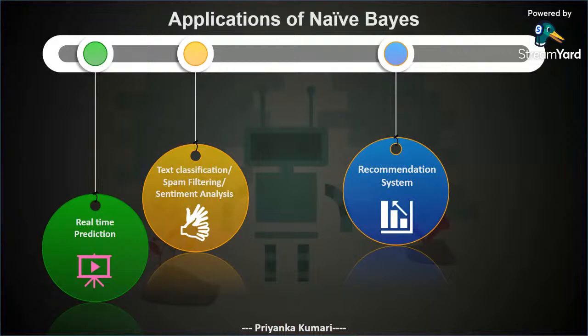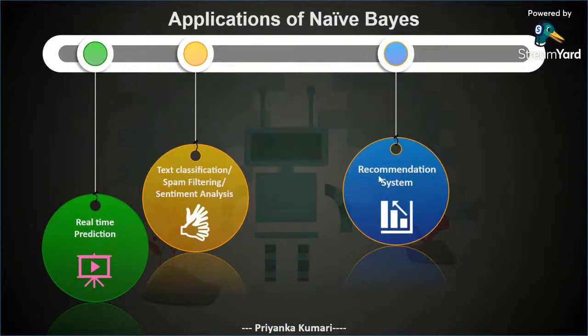The naive Bayes algorithm always works well on textual data, either when we are filtering spam emails, say in Gmail, or classifying a particular text as positive or negative, and also in sentiment analysis.